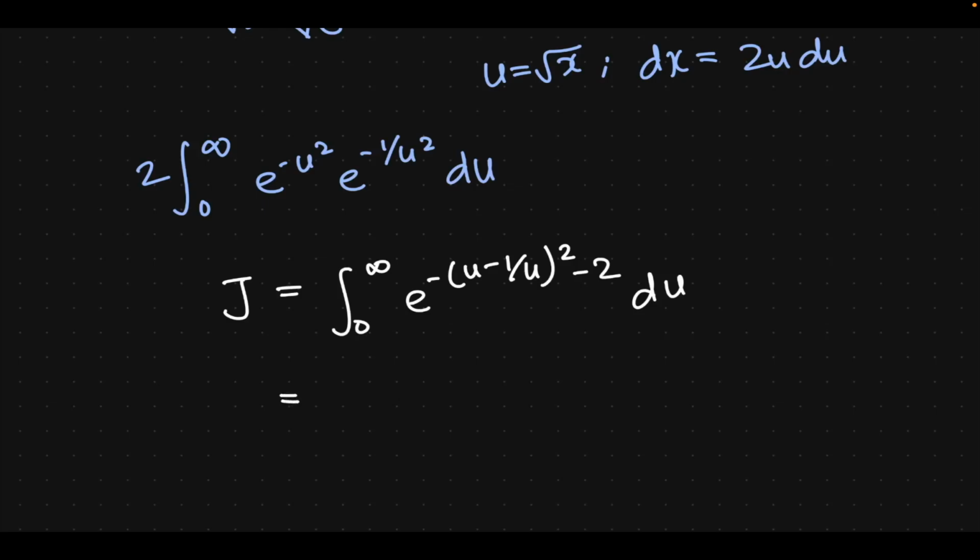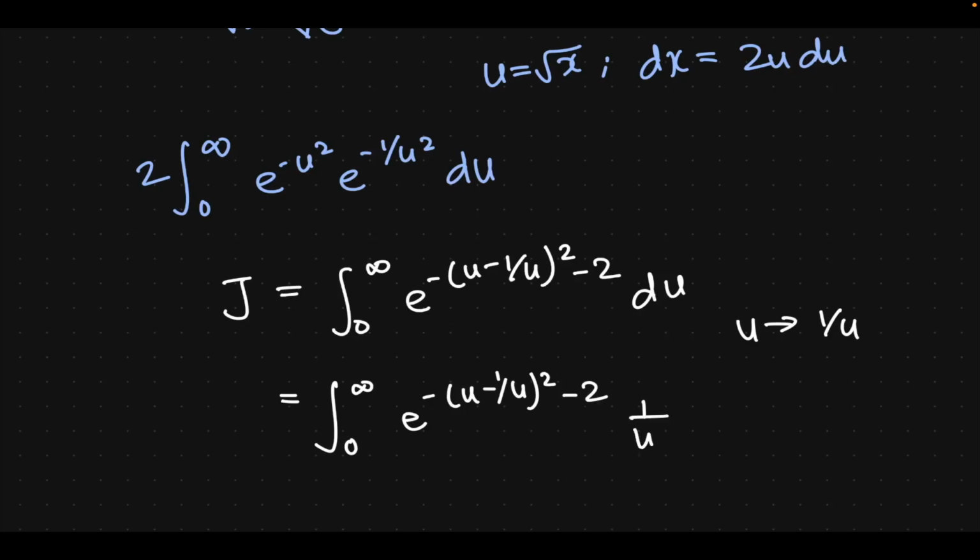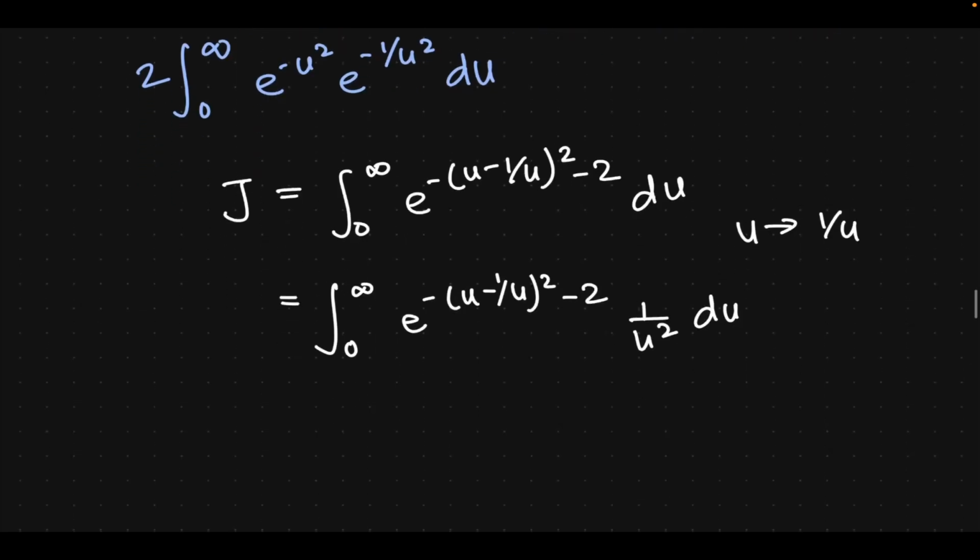So we set u to 1 over u, and we get the integral from 0 to infinity of e to the minus (u minus 1 over u) squared minus 2, times 1 over u squared, du.